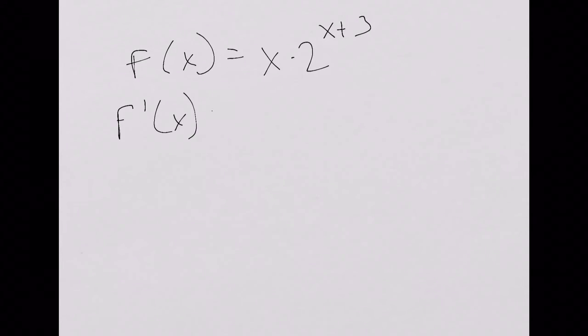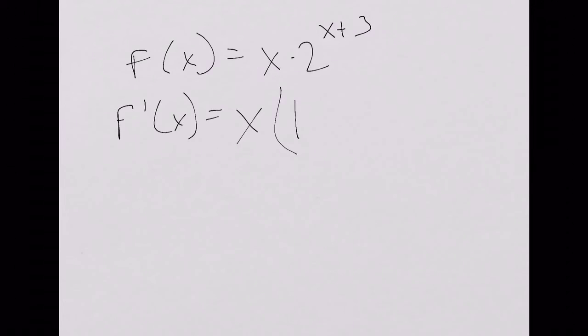And then there's one more we're going to look at, I think number 10. So the function that we had was x 2 raised to the x plus 3. So this is a product rule because I have this thing times this thing. So if I'm finding the derivative, I take the derivative of the first times the derivative of the second.